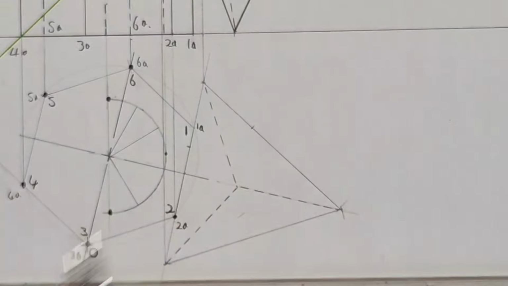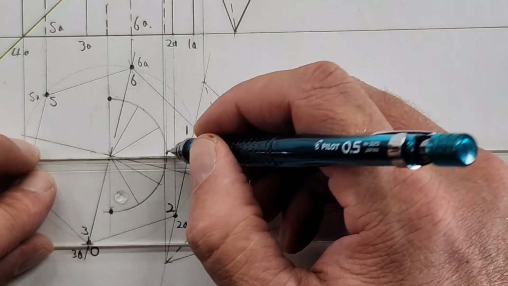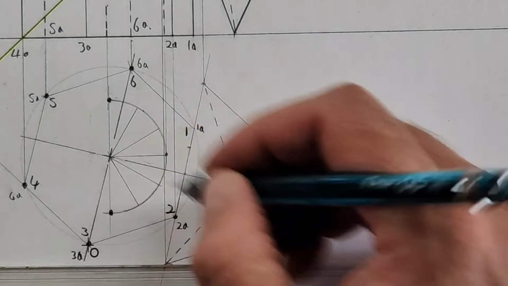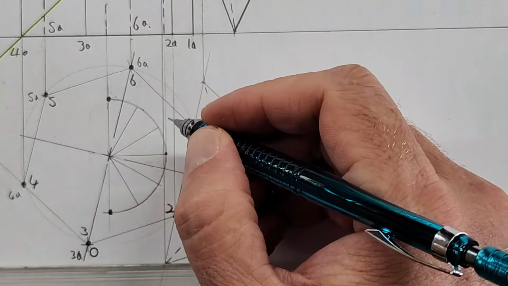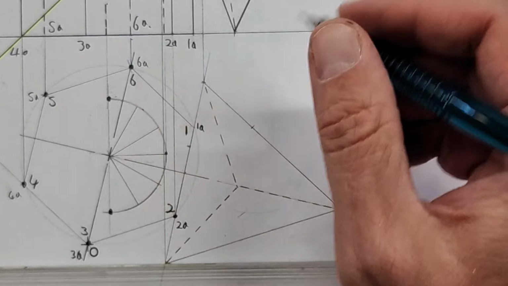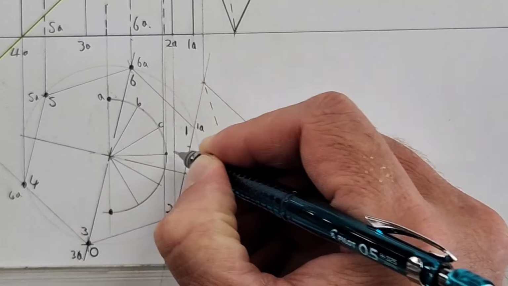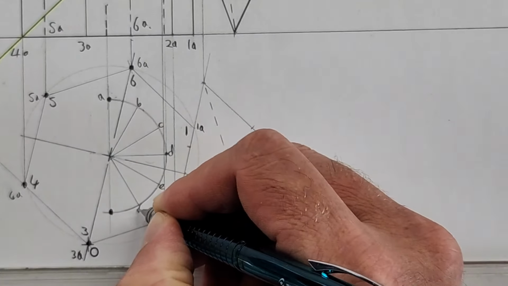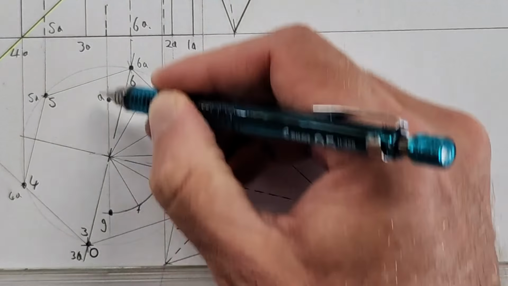There's another one. And another one. And the first one, of course, I did already. So, numbering this, let's start with, if this corner is A, then this is B, C, D, E, F, G, okay? And then back to A.